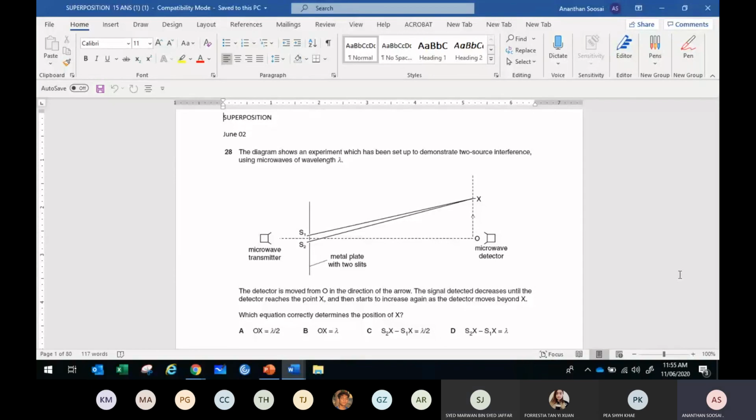Which equation correctly determines the position of X? So first, is X a dark spot or a bright spot? Is it a minima or a maxima? They try to trick you with wording.